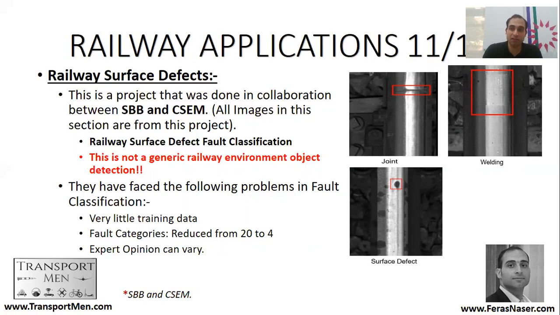The challenge they went through was that they had very little training data, and the fault categories, they reduced them from 20 to 4. They say that expert opinions about surface defects can vary. This resulted in the following.